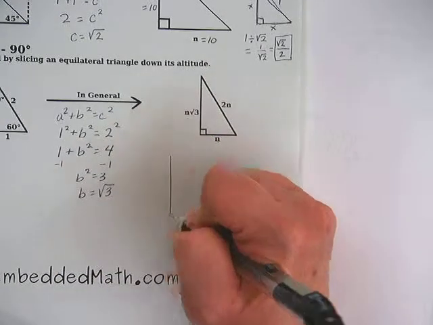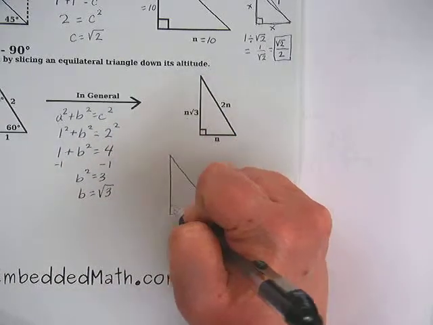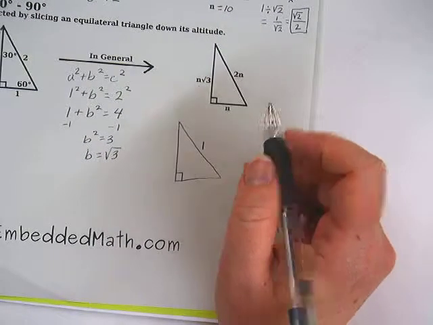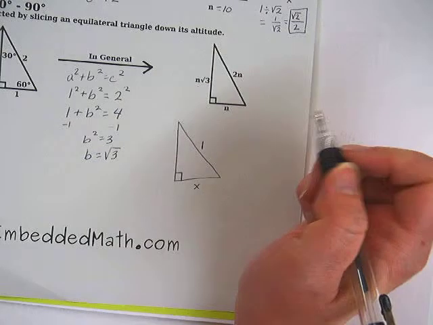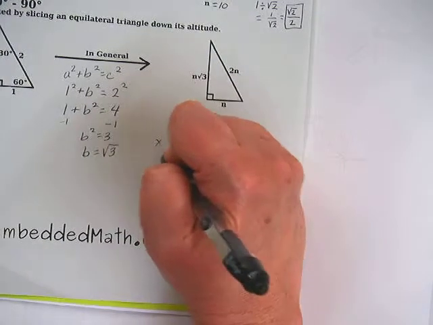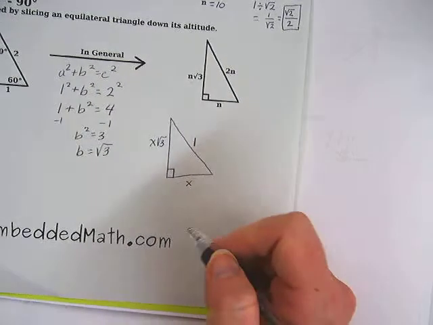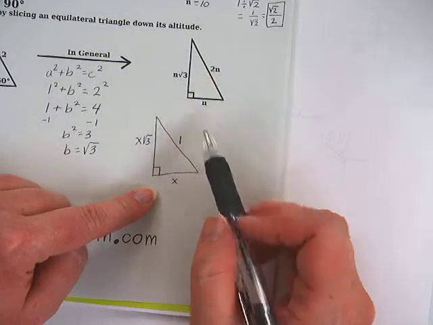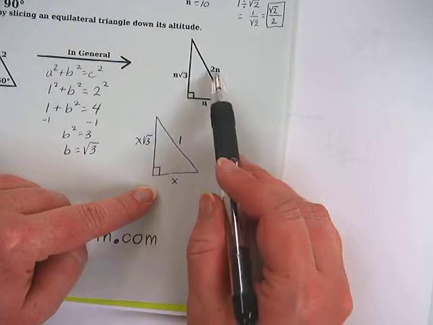Let's say we have a 30, 60, 90 triangle whose hypotenuse happens to be 1. How would we find the other two sides? I'm going to call this x, and then of course once I find x, this will be x square root 3. So let's go ahead and work backwards. This side is always half of that one.